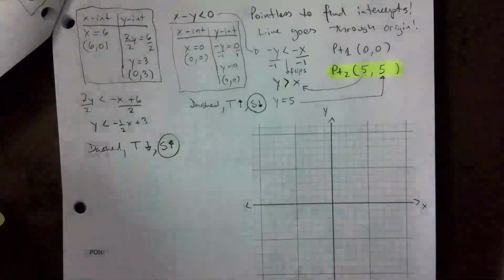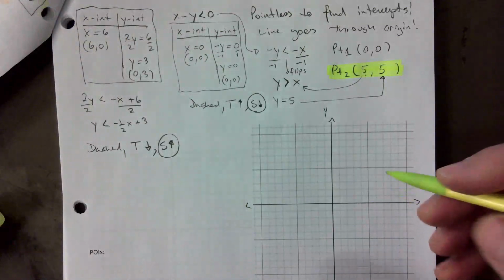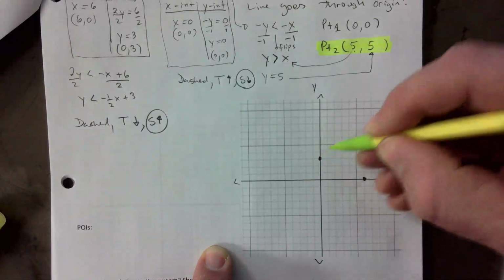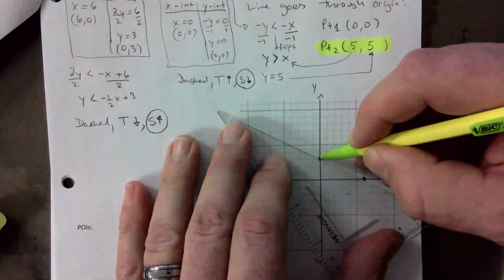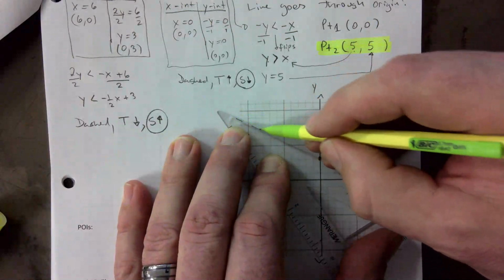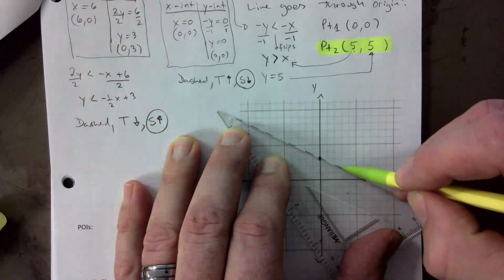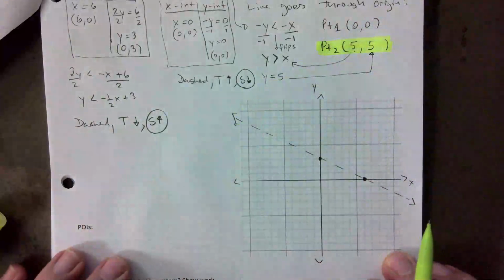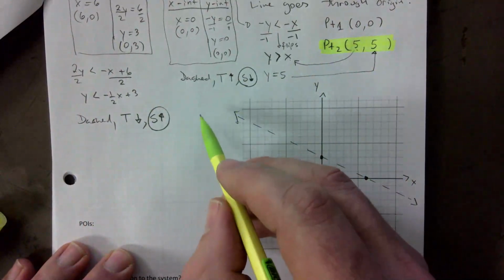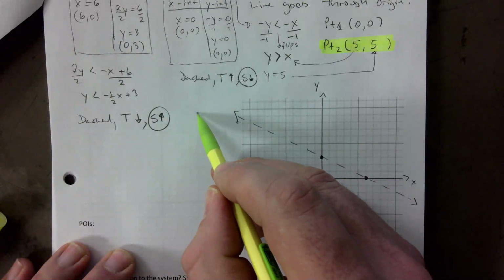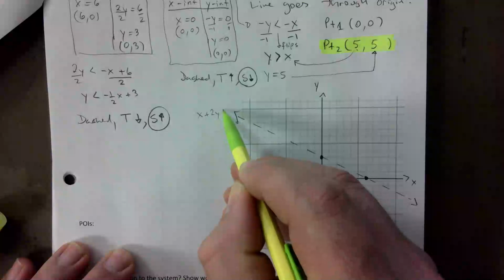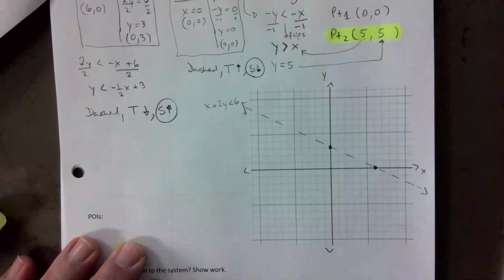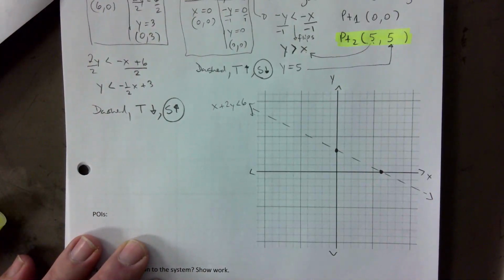So now let's go ahead and graph it. The first one is dashed. You don't have to do it exactly like how I approach it, but I'll tell you this, you will make fewer mistakes if you approach it my way, because the way I do this is to avoid mistakes that I've seen in the past.